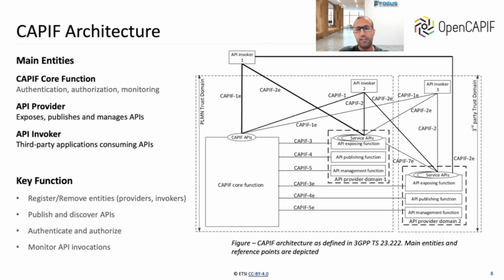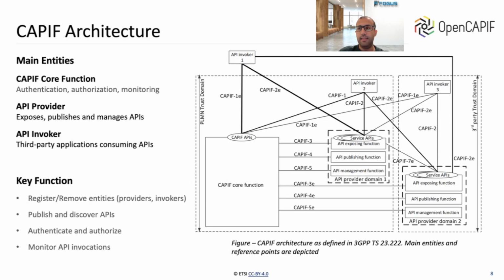The key functions of the CAPIF are to register and remove entities, actually providers and invokers, publish and discover APIs, authenticate and authorize the invokers towards the API providers, and monitor API invocations.